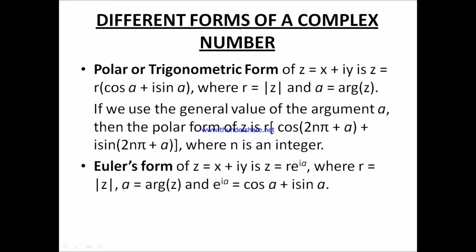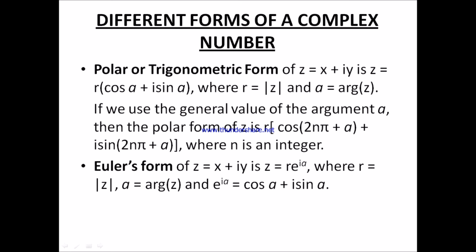Different forms of complex number. Well, a complex number can be represented in the Argand plane, but it can also be represented in polar trigonometric form and Euler's form. So what is the polar trigonometric form? As we have seen, this is also an application of the argument of the complex number.